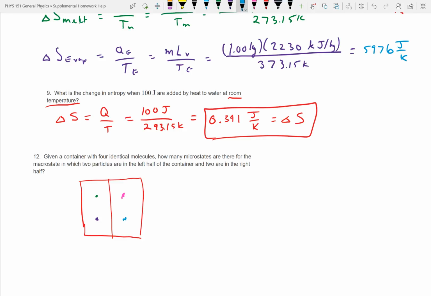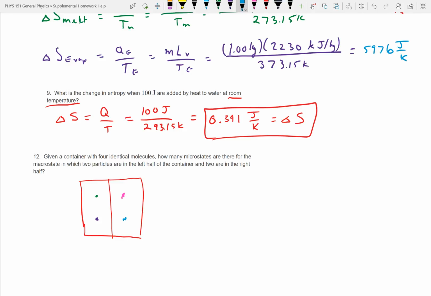Okay, so there's one microstate. What else could I do? Switch. Okay, I could switch the green. Well, actually, the positions of the green and the purple don't matter because it doesn't matter what the vertical is. It's just which side it's on.